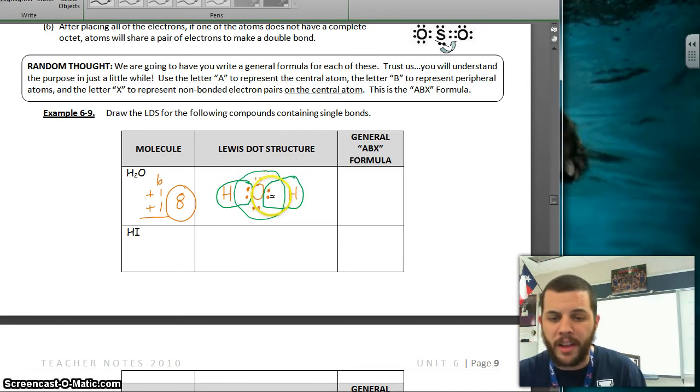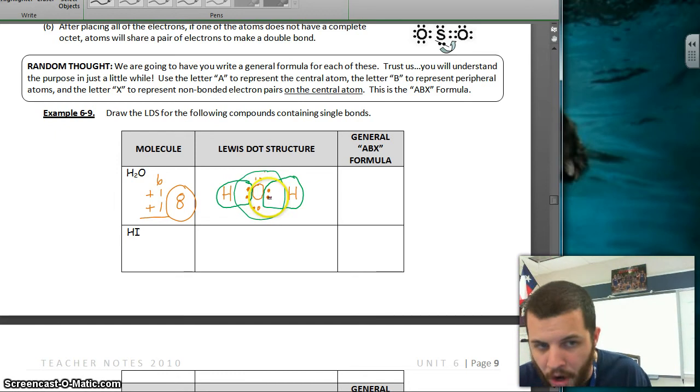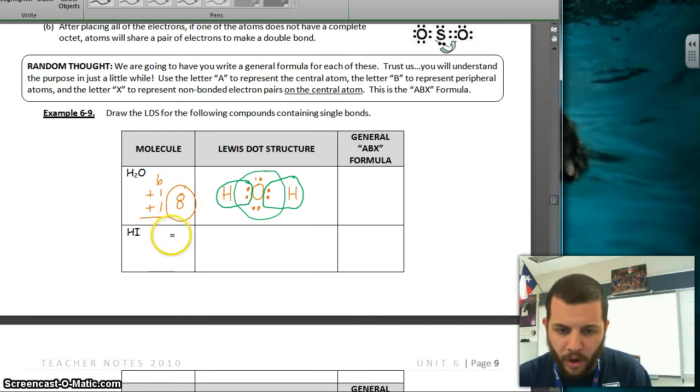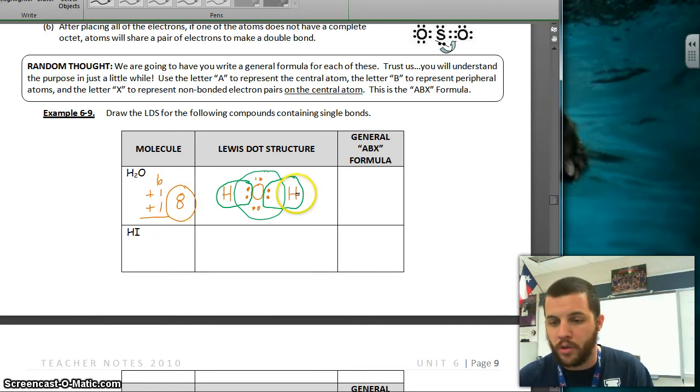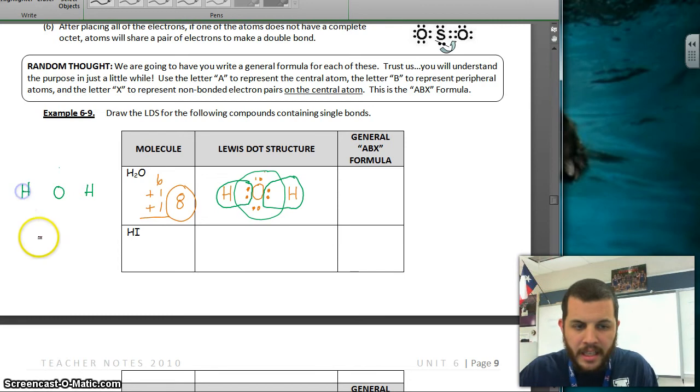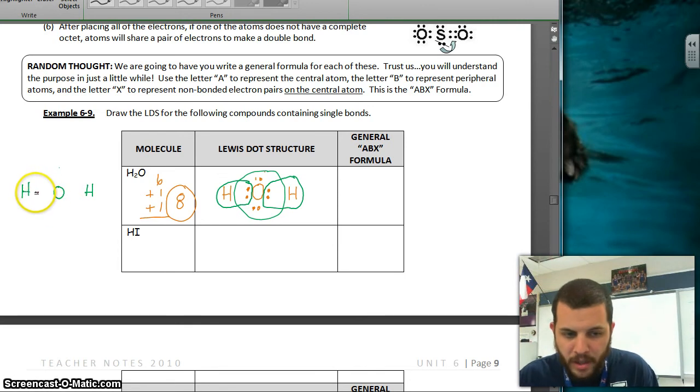Notice that these electrons are actually being shared between oxygen and hydrogen. But either way, that's how a bond is going to form. Now, did we use up all 8 of our electrons? Yes, we did, so I have no other electrons that I need to worry about. Another way that I can draw this is with oxygen as my central atom and hydrogen as my 2 peripherals, and instead of drawing dots in between these, I can make a bond.